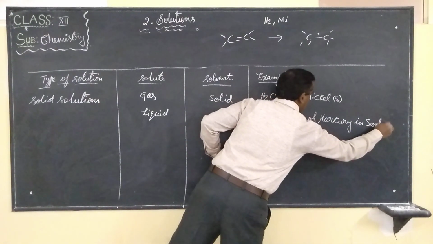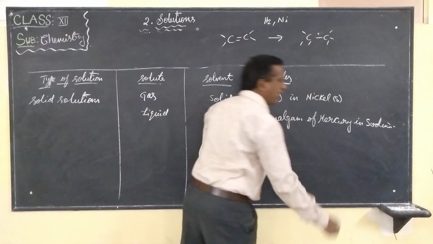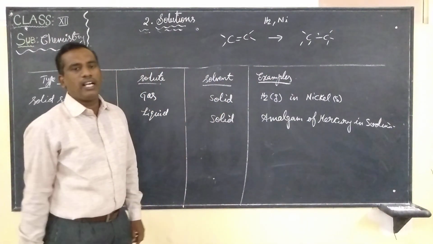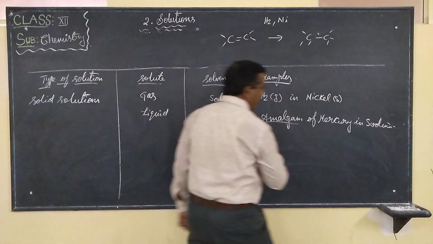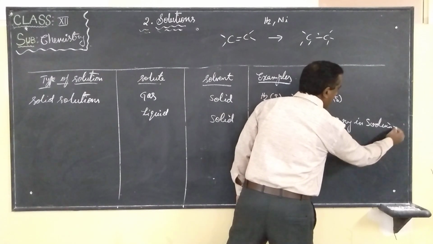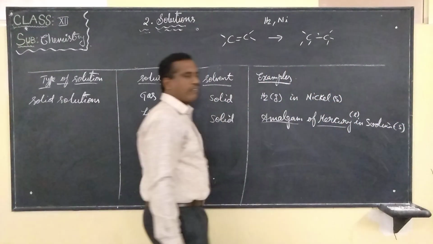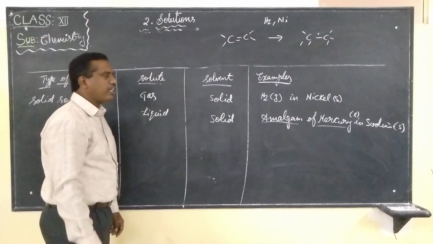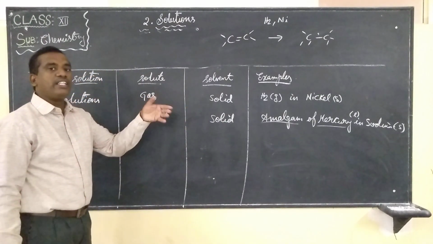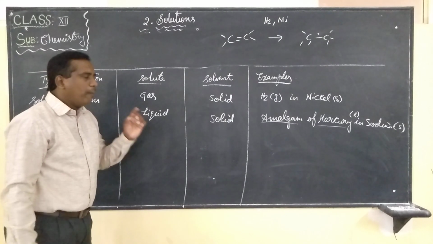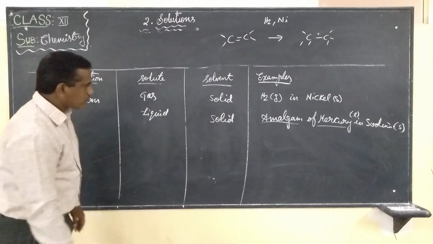Please remember, whenever mercury is dissolved in any metal, it is called an amalgam. So amalgam of mercury in sodium. Sodium is solid, mercury is liquid. There sodium is the more amount, mercury will be the less amount.